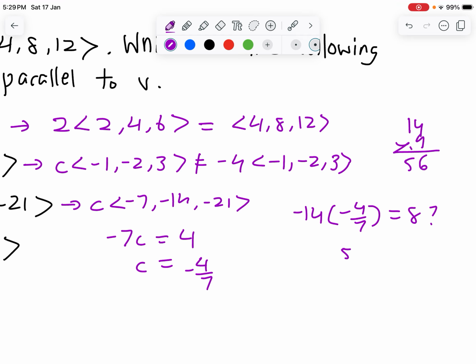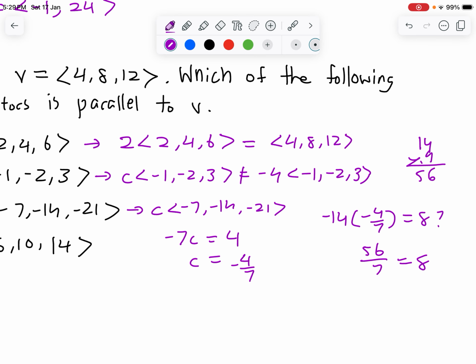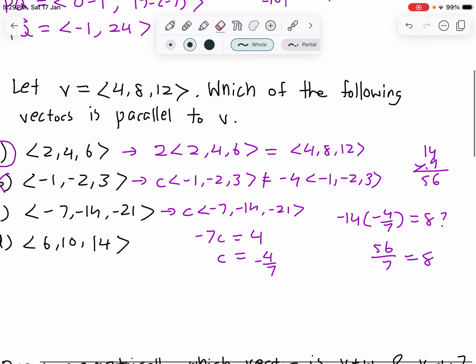Negative becomes positive, so 56/7, and that is indeed equal to 8. So far it's good. The first value multiplied by -4/7 is equal to 4. The second value multiplied by -4/7 is equal to 8.